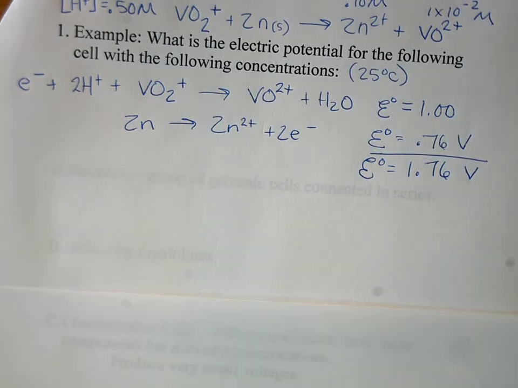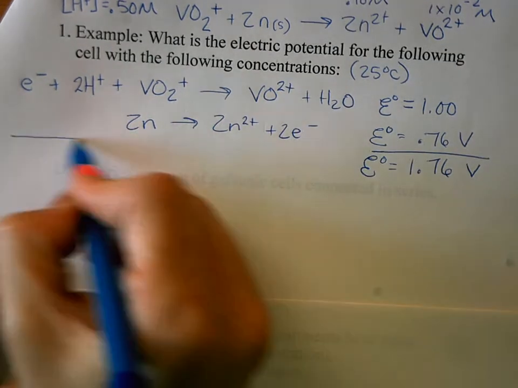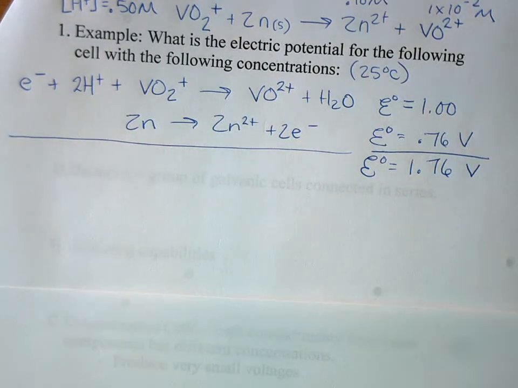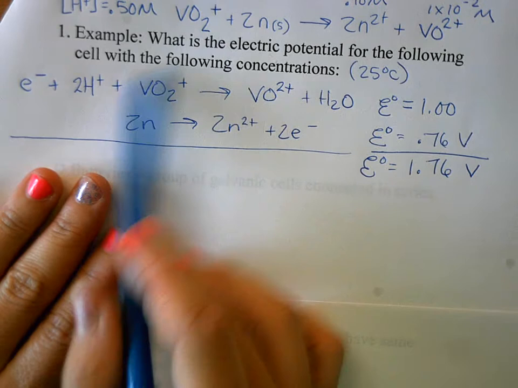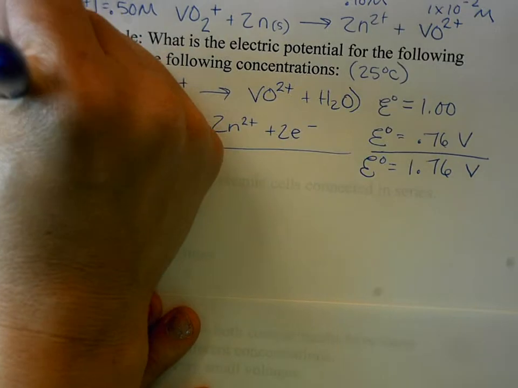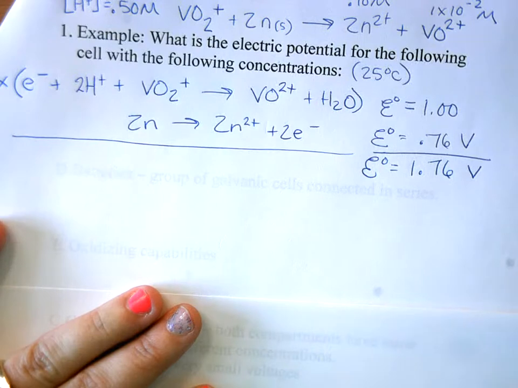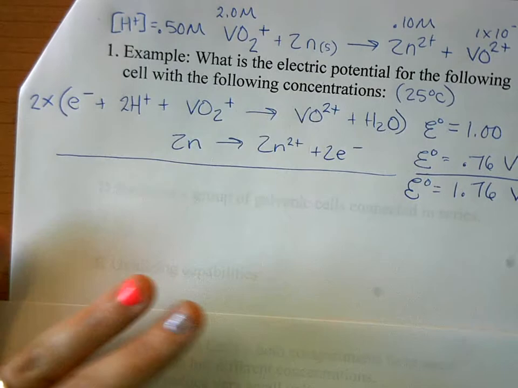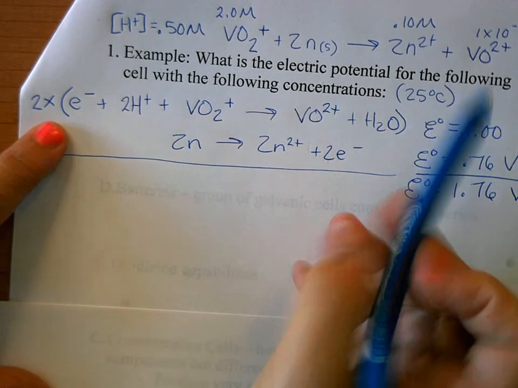But I also need Q, and to figure out Q, I need to do it like I would calculate an equilibrium constant, so I have to do products over reactants. So I've got to figure out this overall balanced equation here. This one, I need to multiply by 2, right? So that I can cancel out my electrons.